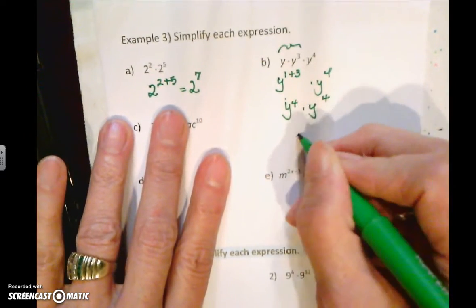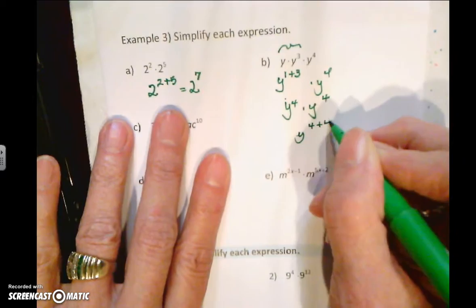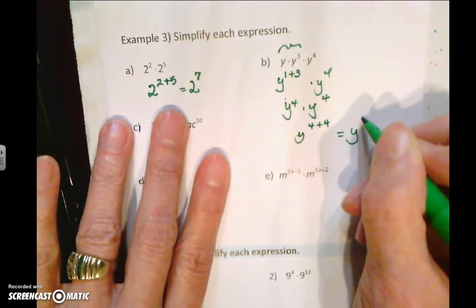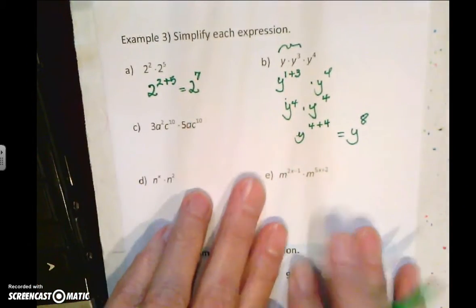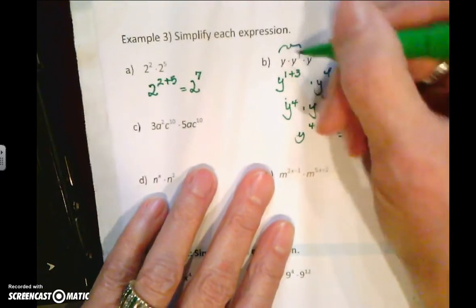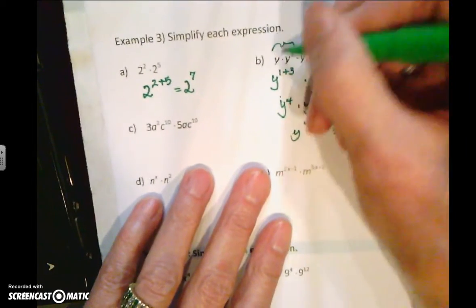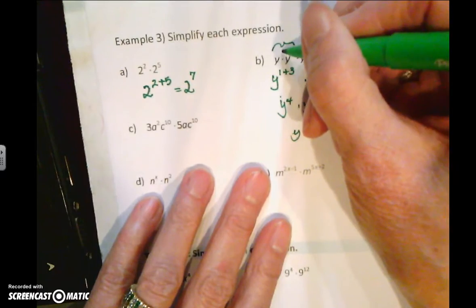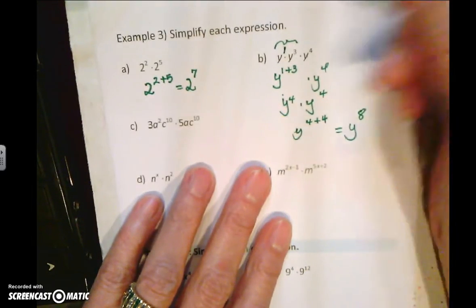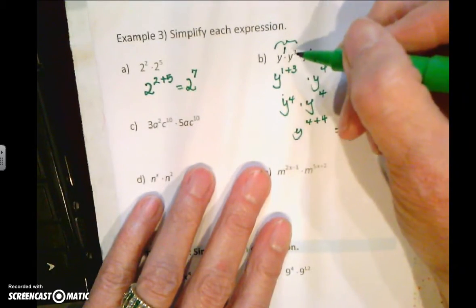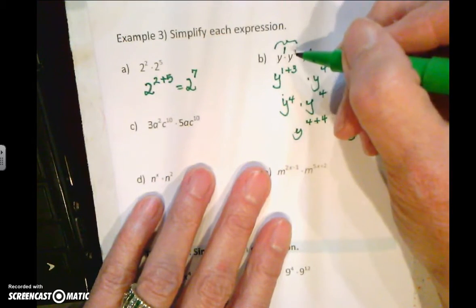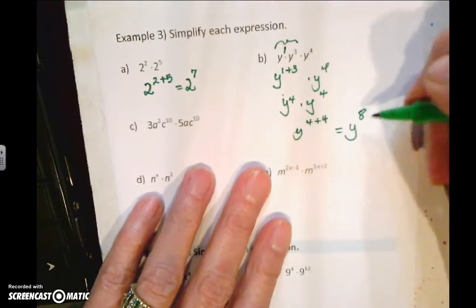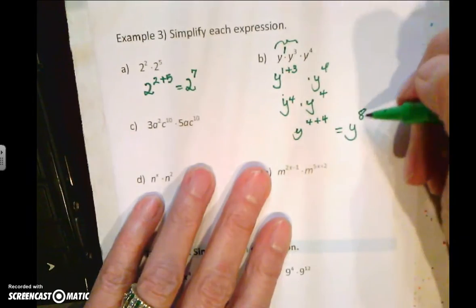And again, same base, so I'm going to add the 4 plus 4, and I'm going to come up with y to the 8th power. I didn't really emphasize this, but if there's not an exponent, it's understood to be a 1. So you could have just added these all up, 1 plus 3 is 4, and 4 plus 4 is 8, and gone directly from here to here.